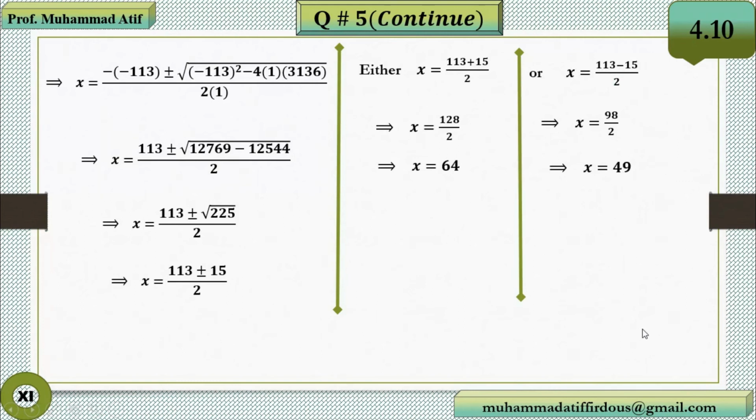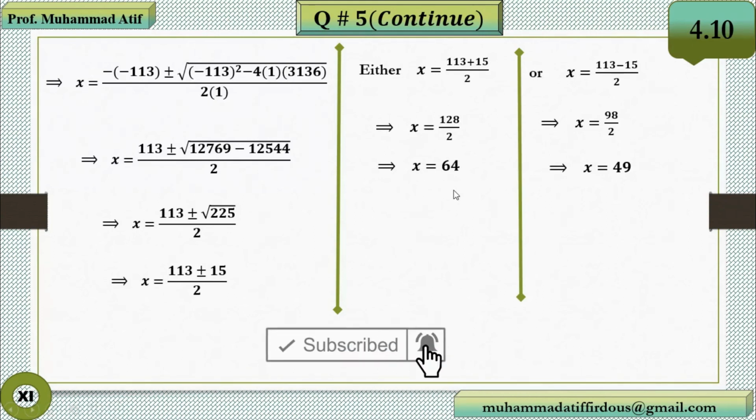So in case of a radical equation, you must check the roots, whether it is a root or an extraneous root. Then just simply put these values of x in the given equation.